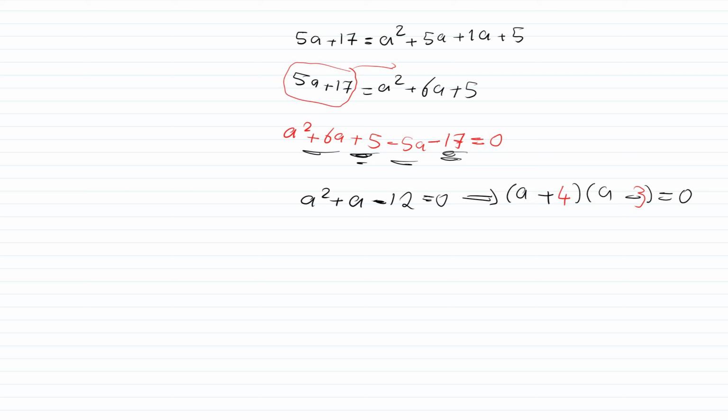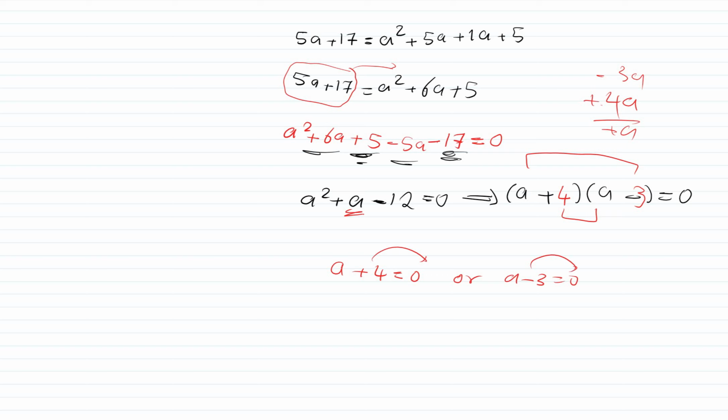I'll write 4 on the positive side, 3 on the negative side, because when you multiply them, it will be negative 12, and the outers will be 4a and negative 3a. We get positive a back, which is the middle value, right? So we will say a plus 4 equals 0, or a minus 3 equals 0. Move to the other side, move to the other side. a equals negative 4, or a equals 3.